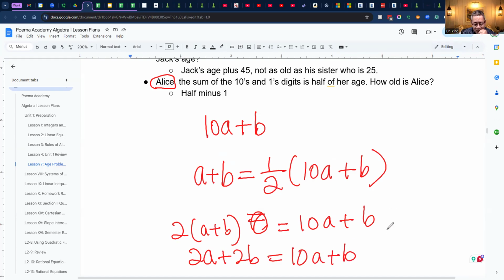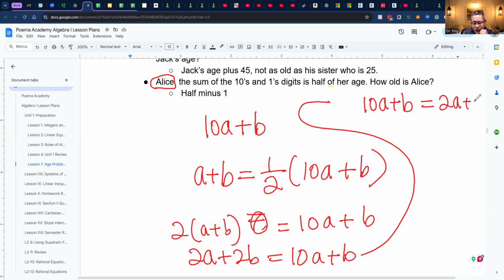So what we got here, I'm going to rewrite it: 10A plus B is equal to 2A plus 2B. Minus 2A, we get 8A plus B equal to 2B.